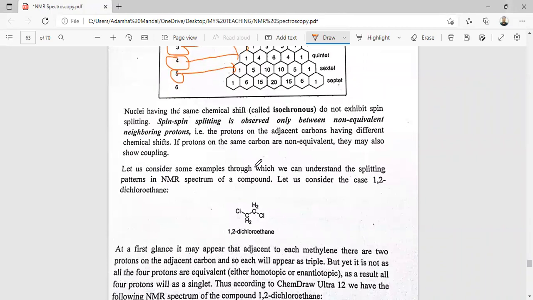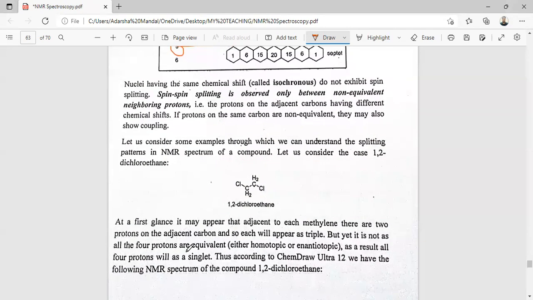So let us consider some examples to understand the splitting pattern in the NMR spectrum of a compound. Let us consider 1,2-dichloroethane. At first glance, at each methylene there are 2 protons on the adjacent carbon, so it may appear as a triplet, but it is not, as there is only one type of proton.